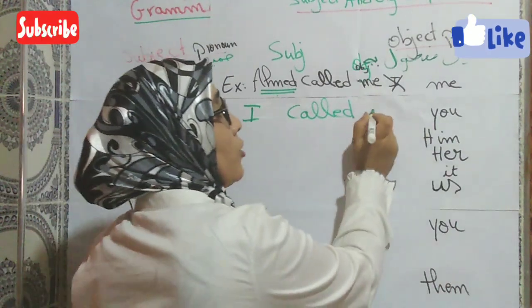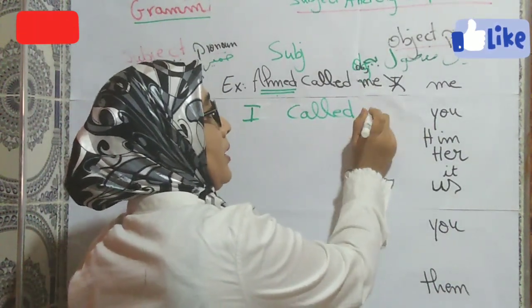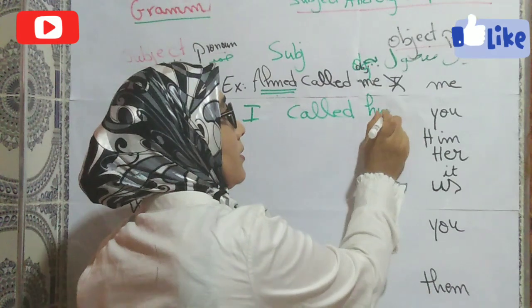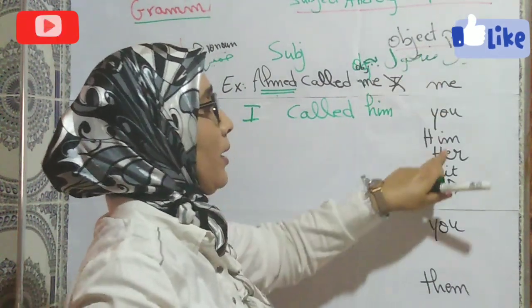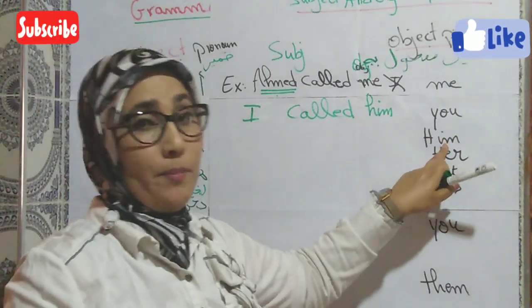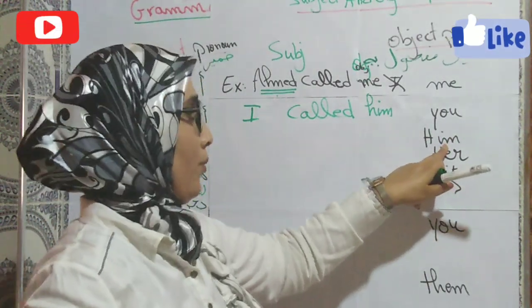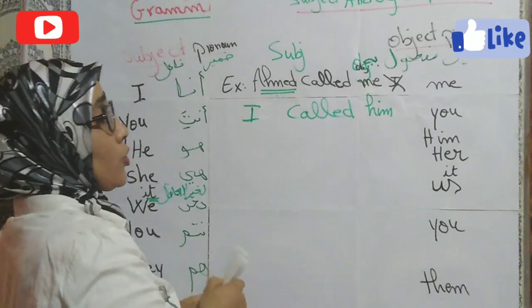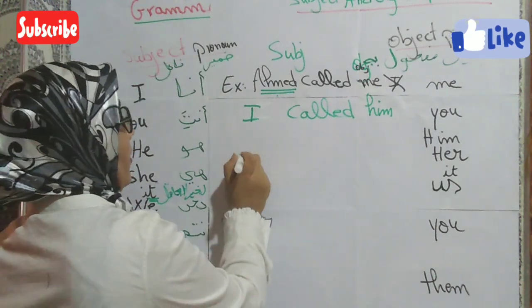Donc so لا يمكن أن نستعمل هنا he. We use the object pronoun him. If we have he, we use him as an object pronoun. Great. We choose now another example.